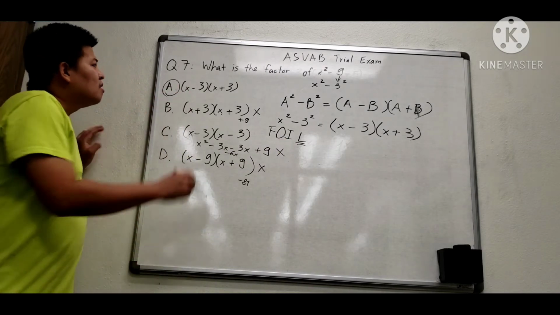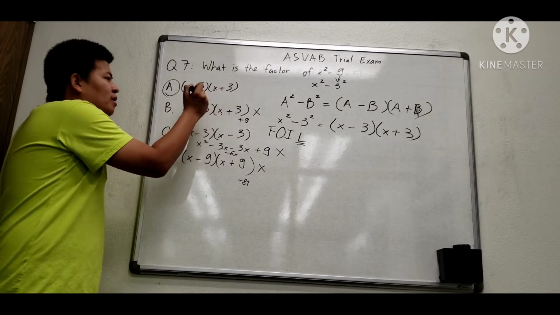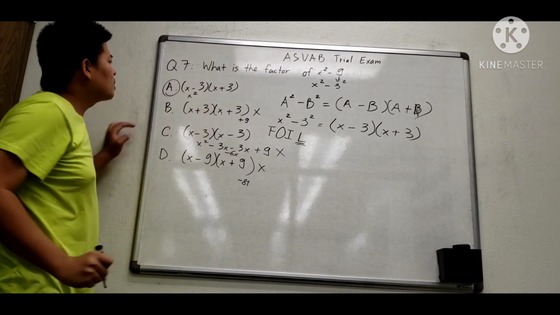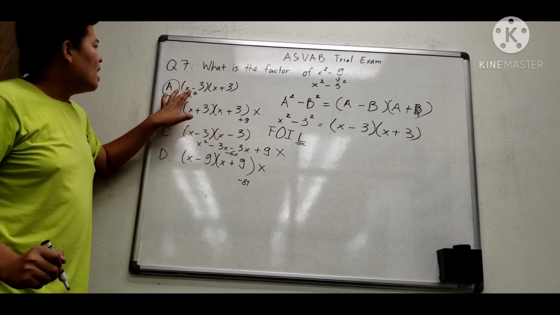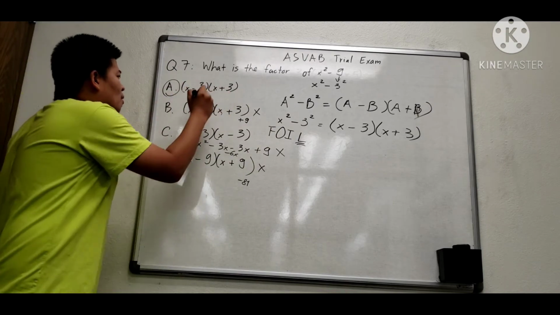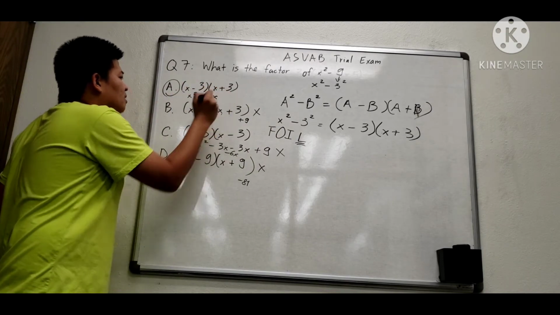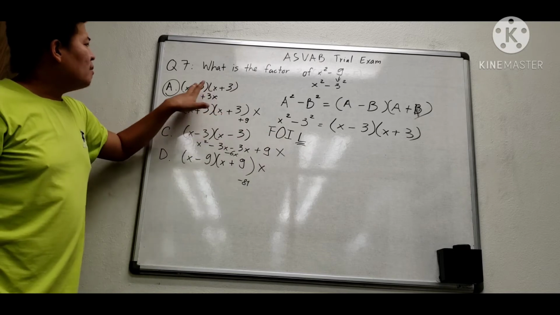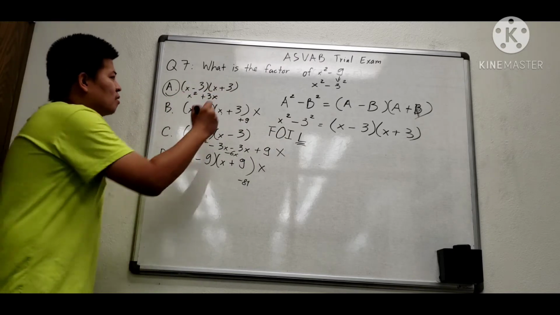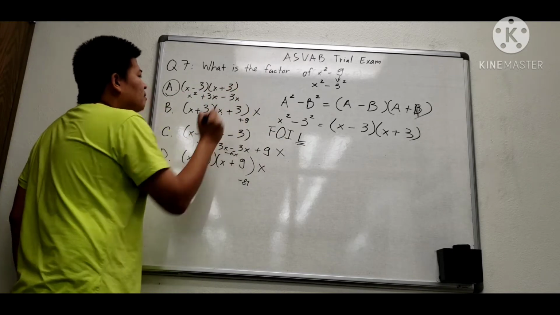About A: s times s gives s power 2. Outside, s times the number 3 gives plus 3s. Inside, minus 3 times s gives minus 3s.